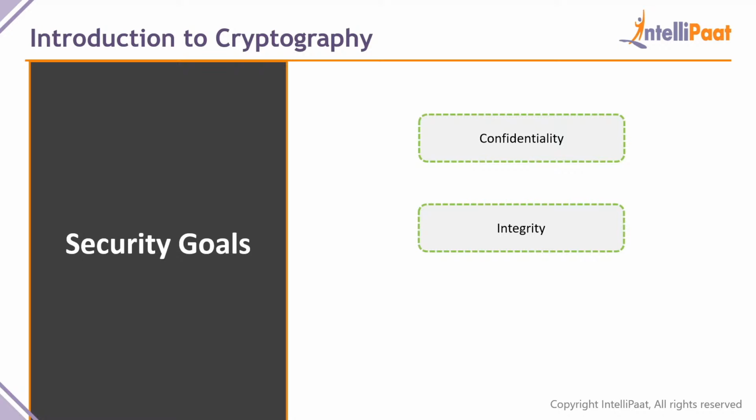So the data should have maintained its integrity. It should be whole, right? It should not have been manipulated by any attacker in between, or there should not have been any loss of the data in the encryption process itself. So this is another goal of cryptography, to maintain integrity in the data.